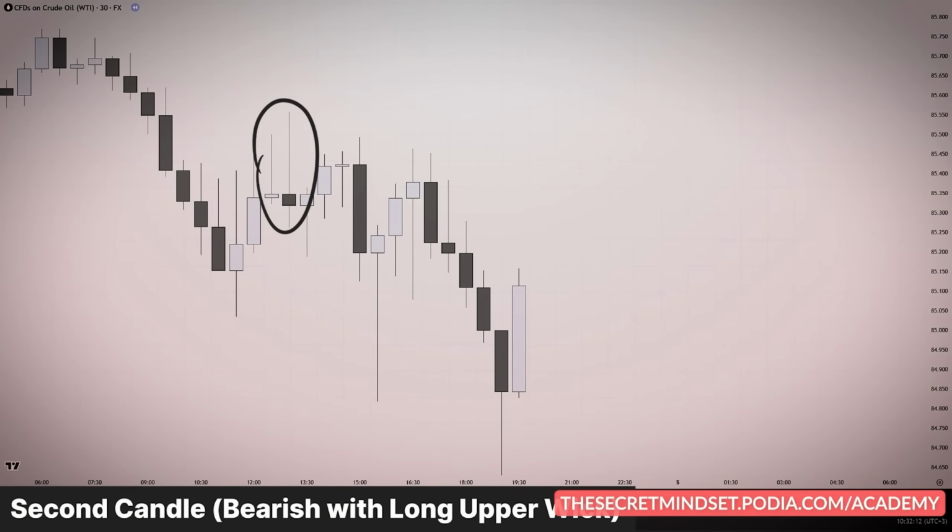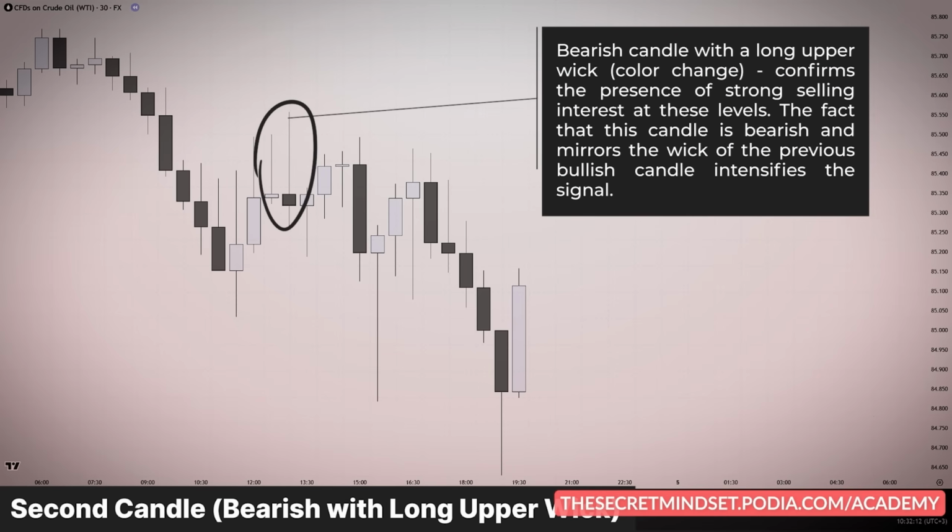Now, when the next candle opens, it starts where the first one left off, but turns bearish with a long upper wick as well. This second candle confirms the presence of strong selling interest at these levels. The fact that this candle is bearish and mirrors the wick of the previous bullish candle intensifies the signal.